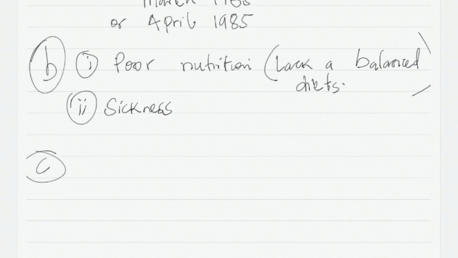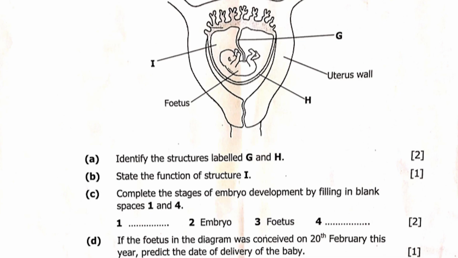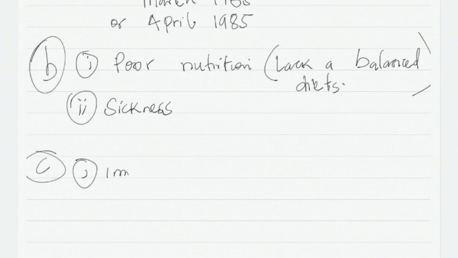Okay, let's move on to part C. State 2 benefits of taking a child to children's clinics. Number 1, when a child is taken to the children's clinic, he will be immunized.